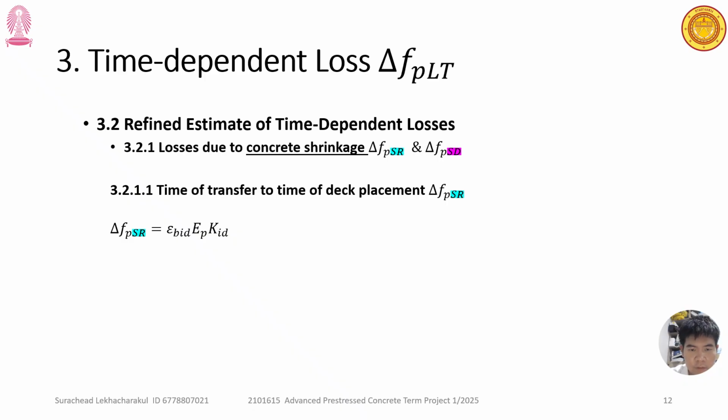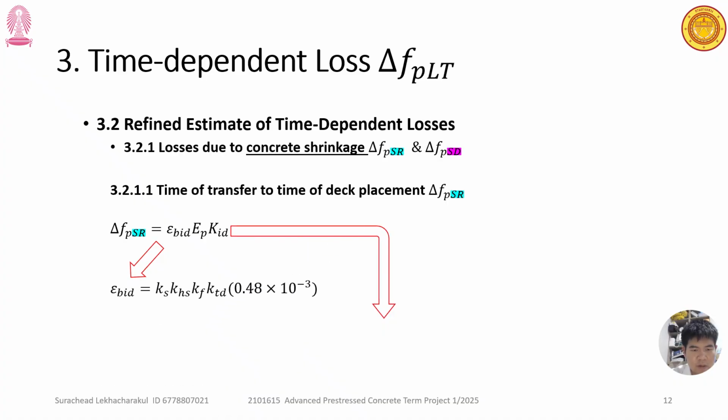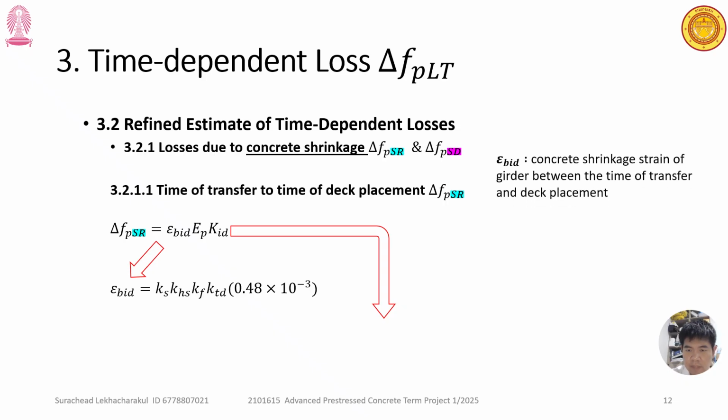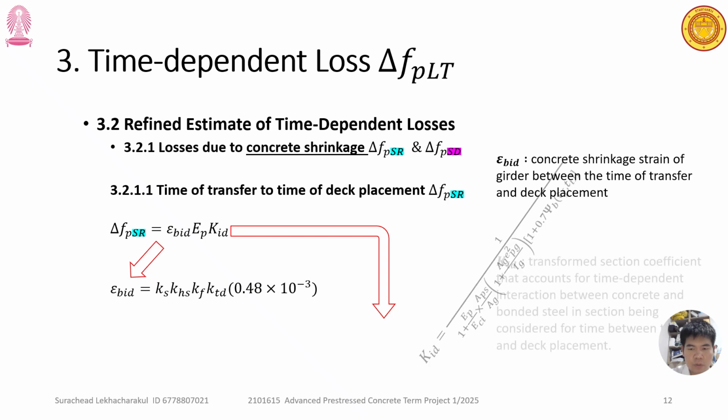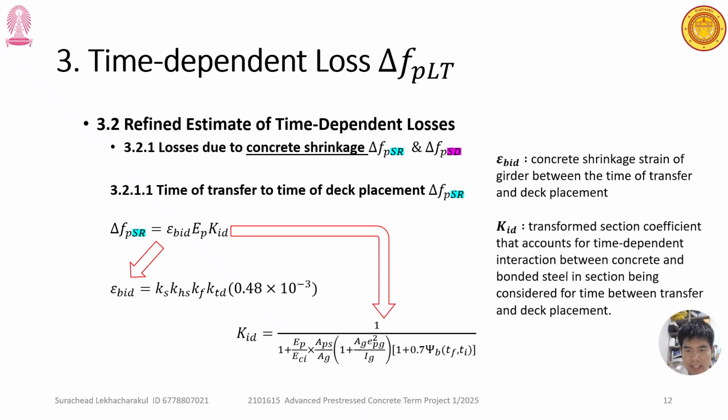Loss of the concrete shrinkage: delta f_pSR equals epsilon_bid times E_p times K_id. Epsilon_bid is the concrete shrinkage strain of the girder between time of transfer to deck placement, and K_id is the transformed section coefficient that accounts for time-dependent interaction between concrete and bonded steel.